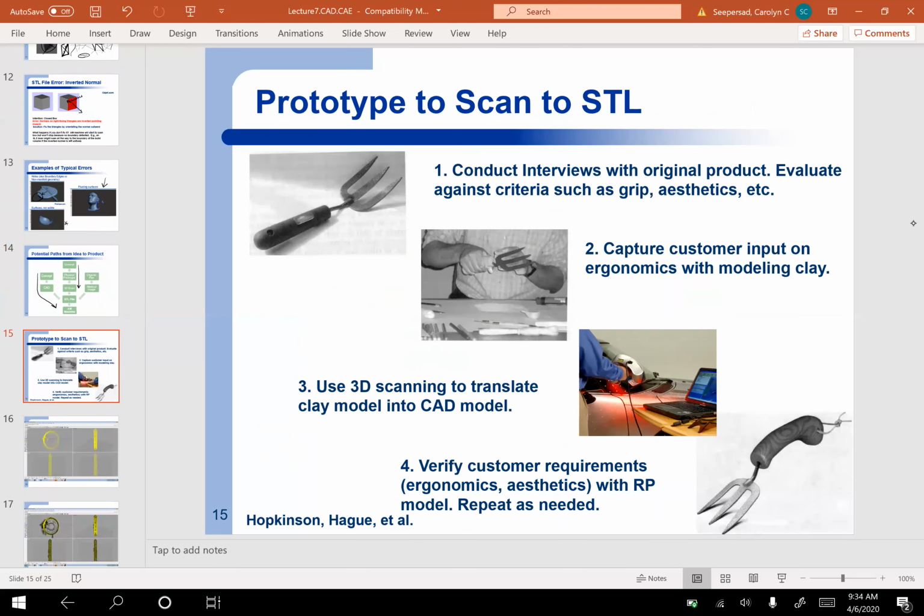This is a pretty common technique, particularly in industrial design, where you might want to conduct interviews and create prototypes out of clay or foam or other substances, Play-Doh, et cetera, that allow the customer to touch and feel the object, or maybe form fit something to someone's hands using modeling clay. And then you'd like to 3D scan that object and convert it into a CAD and an STL file that you can then print. Right?